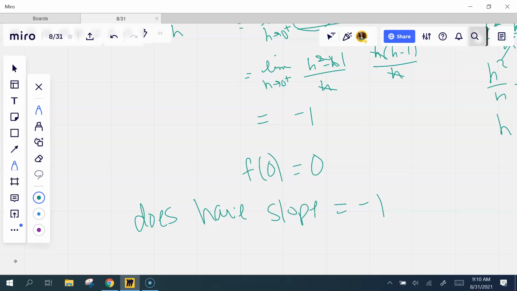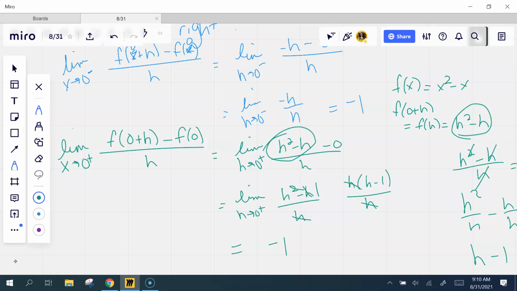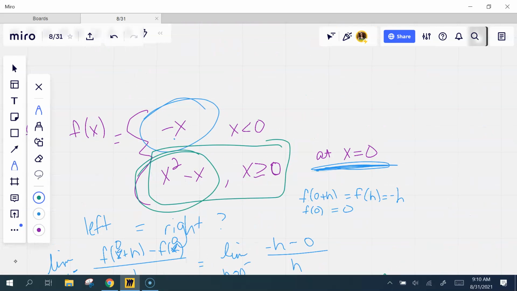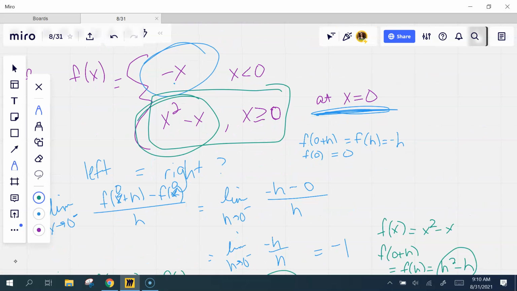Now, what we were looking for is for f of 0 equal to. So even though this is not continuous there, it did have a slope because the slope from the left equaled the slope from the right.